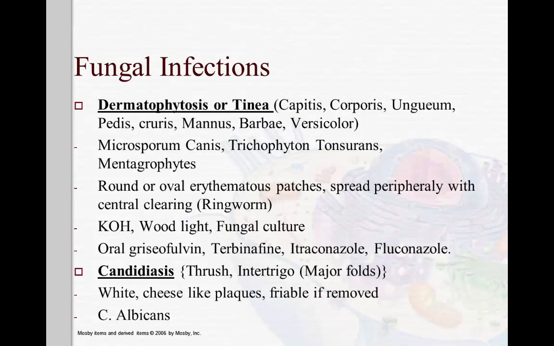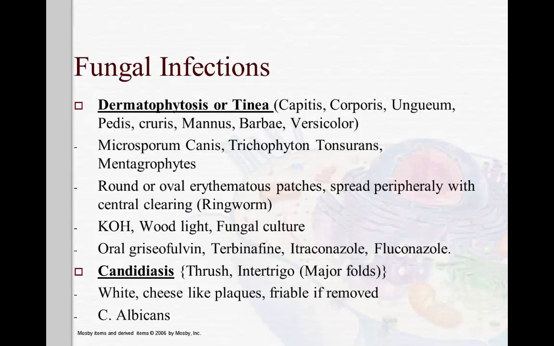Candida, on the contrary, is another type of fungi. It's called moniliasis, produced by Candida albicans, which could produce infections at any point in the skin, including the skin folds, the digital web spaces, the genital area, and the oral mucosa.